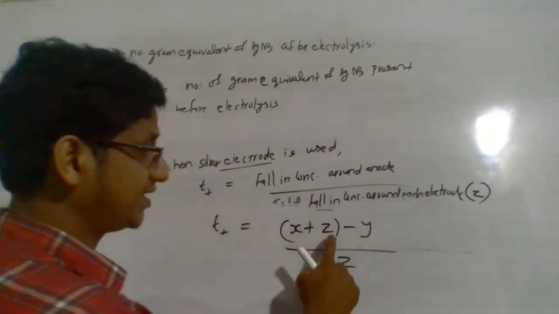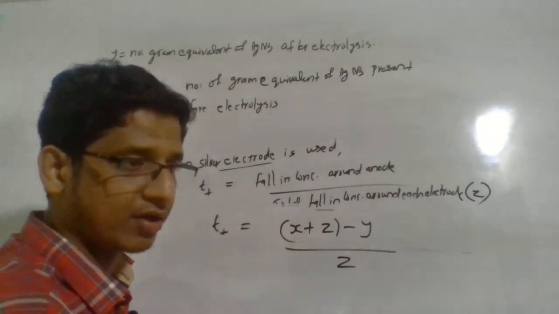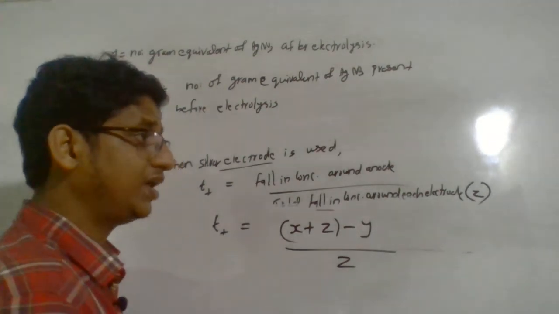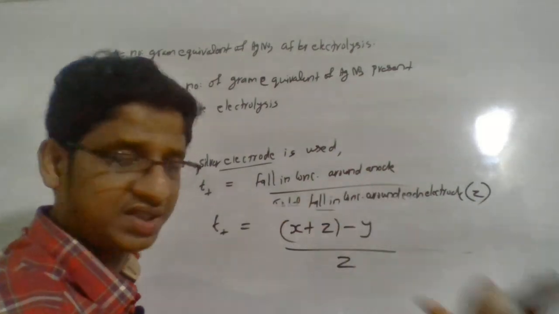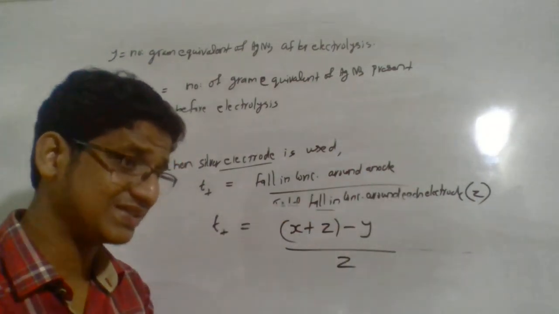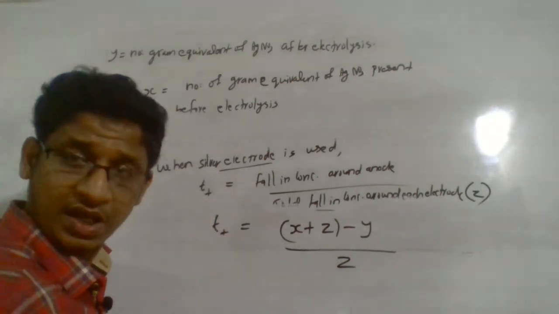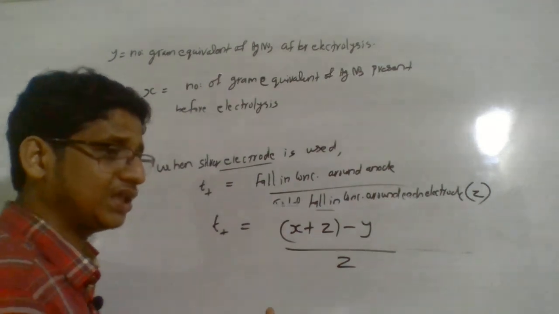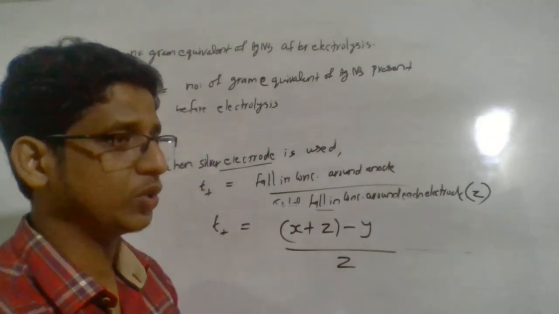Z is the total falling concentration around the cation and anion, or the total fraction of current carried by both ions. Remember, some amount of cations are moving towards the cathode. Yes, a falling concentration definitely takes place at the anode. But what is the movement of ions? How many silver ions are moving towards the cathode?